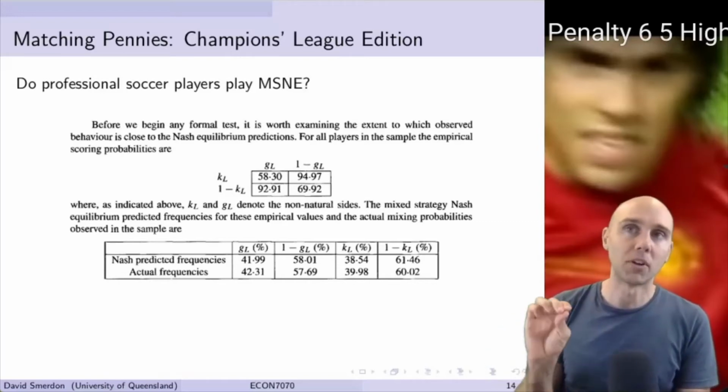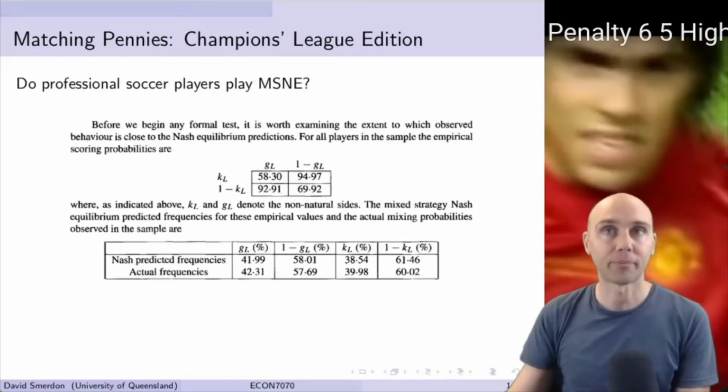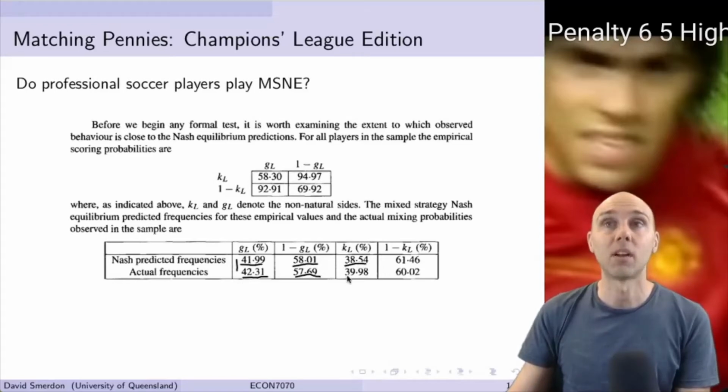So that's why we don't have 50-50. But the key point is to compare between the predicted frequency, which is here, and the actual frequency. And what we see is that the players in all of these leagues with all of these kicks are playing very, very similar to the Nash predictions.